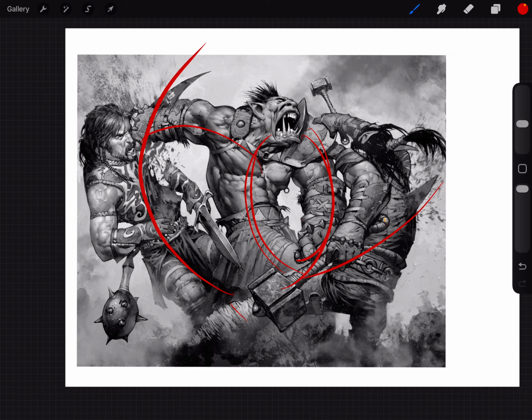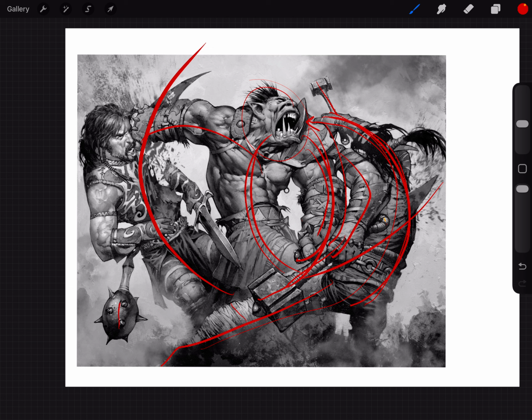We have a line of action that's going down here, and notice the arm here, the way this is angled, from the arm all the way over here, and the way this arm is angled with the hammer, with the leg, you can see that it's all lined up. And where is it pointing us to? It's pointing us to this focal point of the face, right?